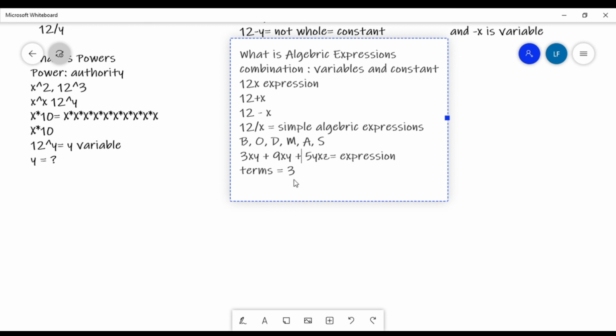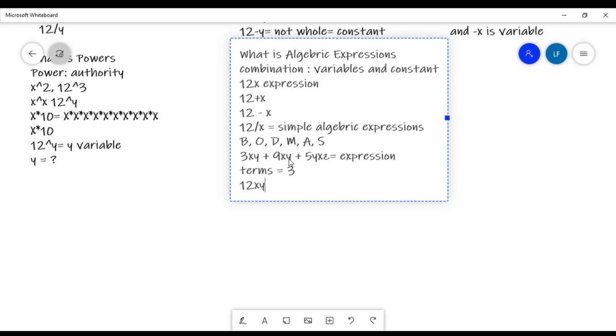Let's continue. So what is 3xy plus 9xy? 3xy plus 9xy is 12xy. You may be thinking, well, what about the x and y? Should you make them into a power? No, x and y will remain the same. You're just adding the constants, because x and y have no defined value.